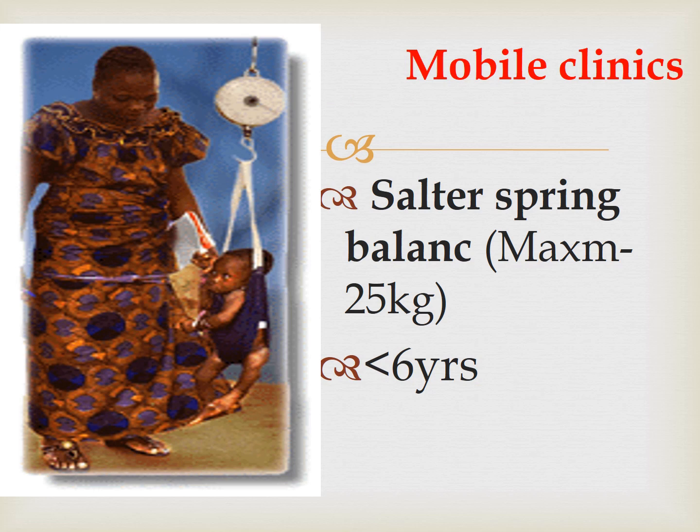And in mobile clinics you can even use the Salter spring balance. The maximum it weighs is 25 kg, and for children less than 6 years old, the weight can be taken in this balance.